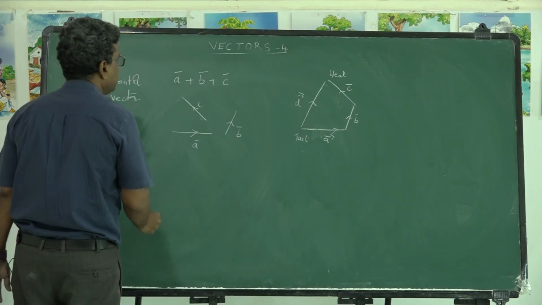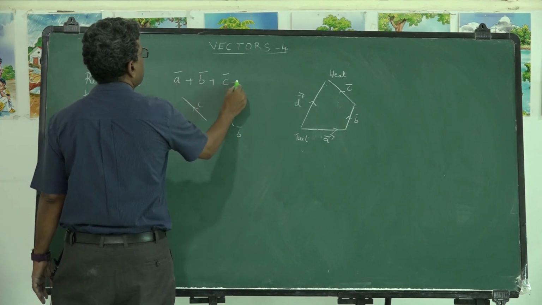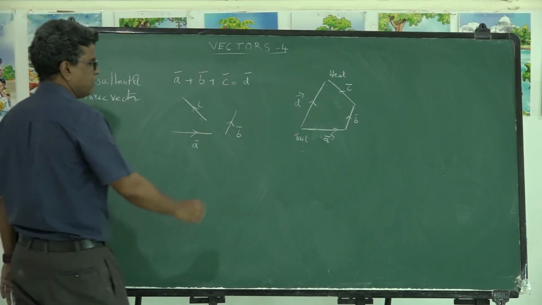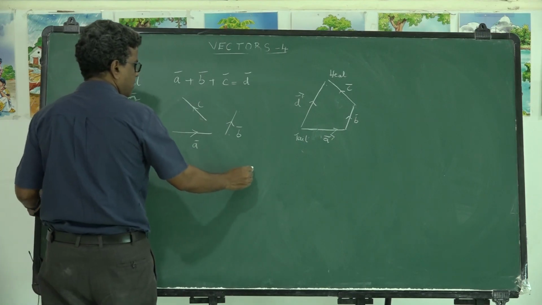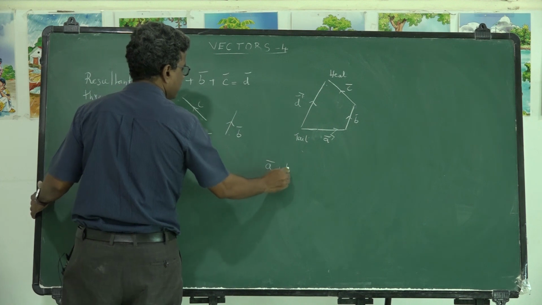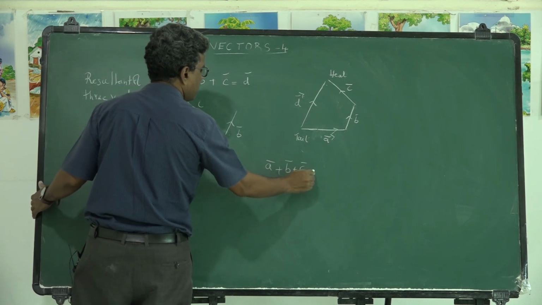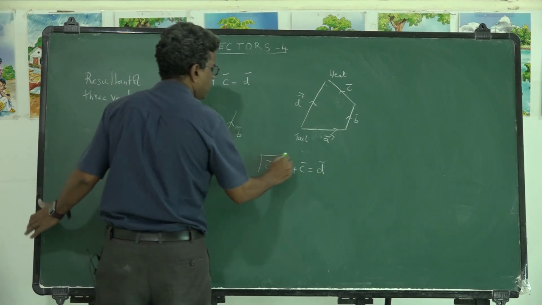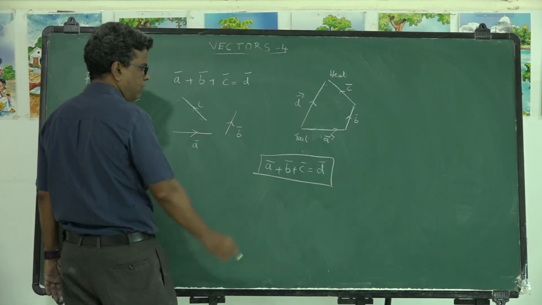So the resultant after adding A bar plus B bar plus C bar is another vector, D bar. A bar plus B bar plus C bar is equal to D bar. This D bar is called the resultant.